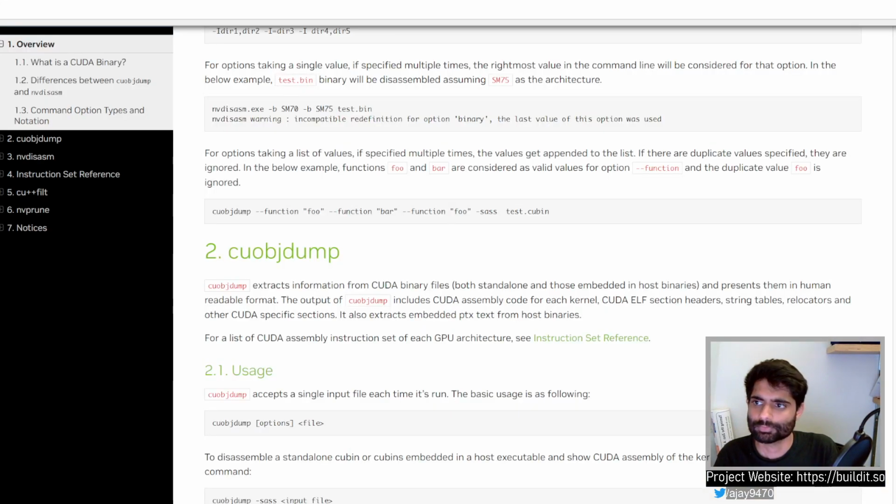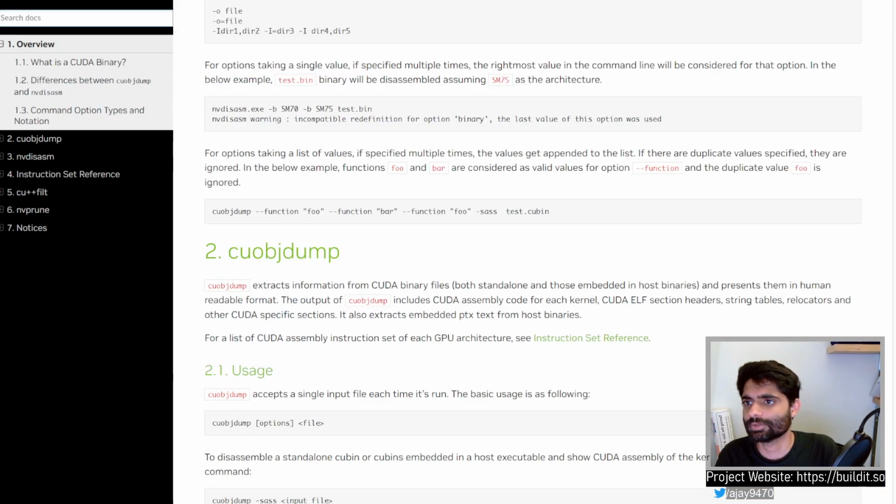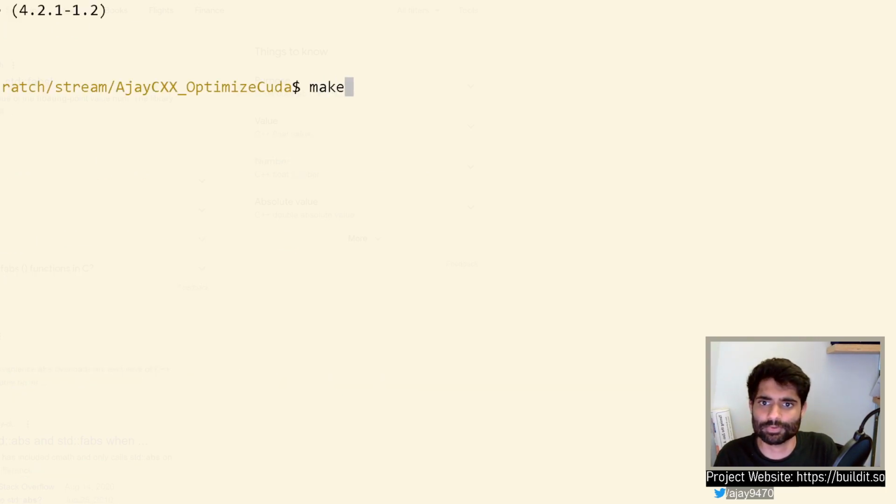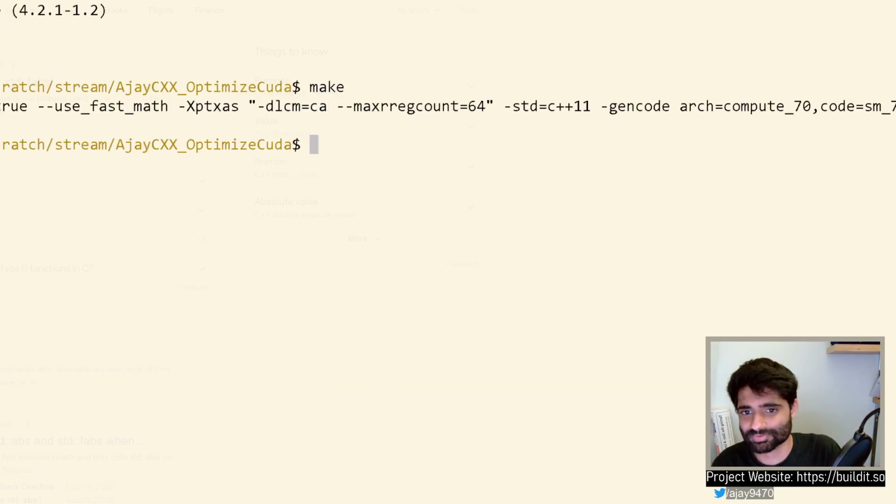C++ std::abs, right? Yeah, if the absolute value of the difference is more than 0.0001, then we are going to say that this is a mismatch.